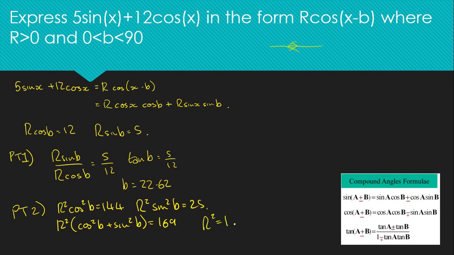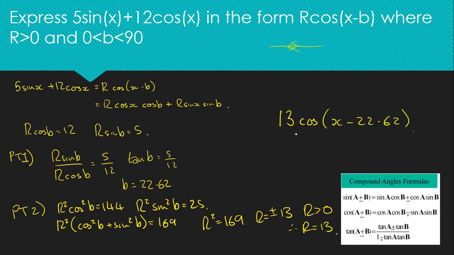R squared is equal to 169, so R is equal to plus or minus 13. R is greater than 0, therefore R is equal to 13. And you get this graph here, which will be 13 cos of x minus 22.62. The graph will be absolutely identical to the sine version.